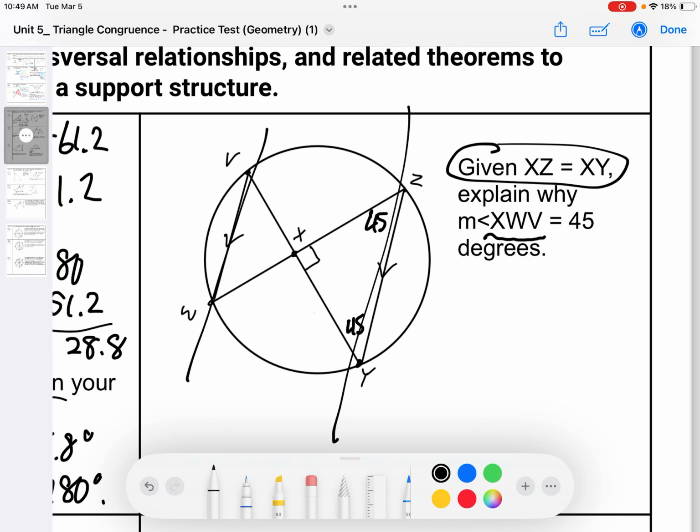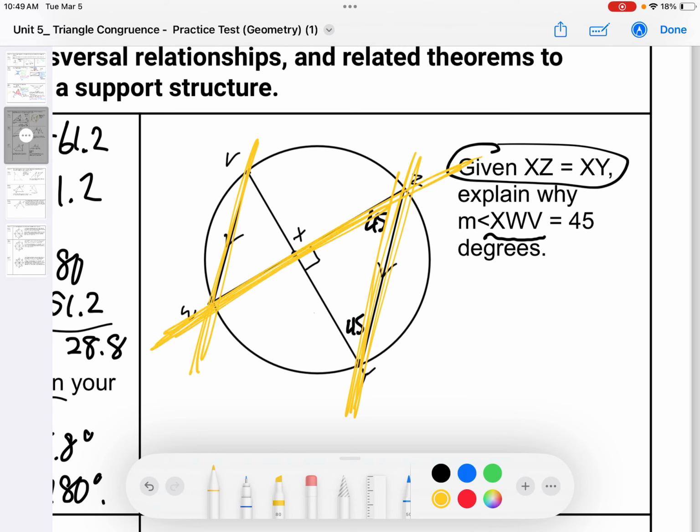Parallel lines, I'll do it in a different color. Parallel lines, transversal. Why am I using these lines in particular? Because I'm looking for that angle, and this angle is then part of that structure. Well, I'm looking at this and this. Those are congruent. Why? They're alternate interior.